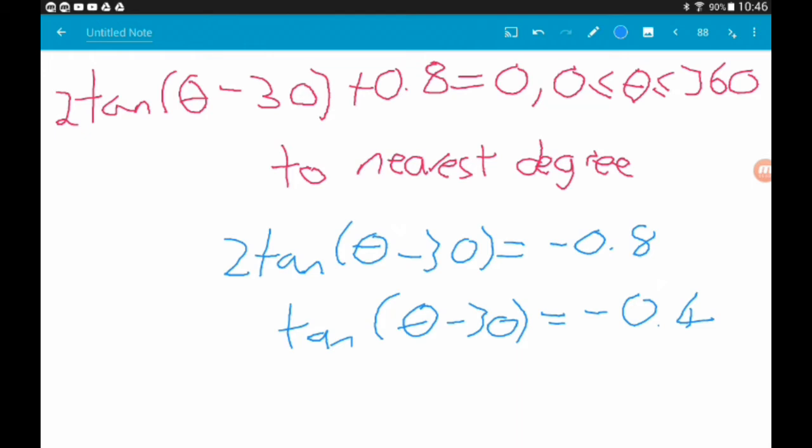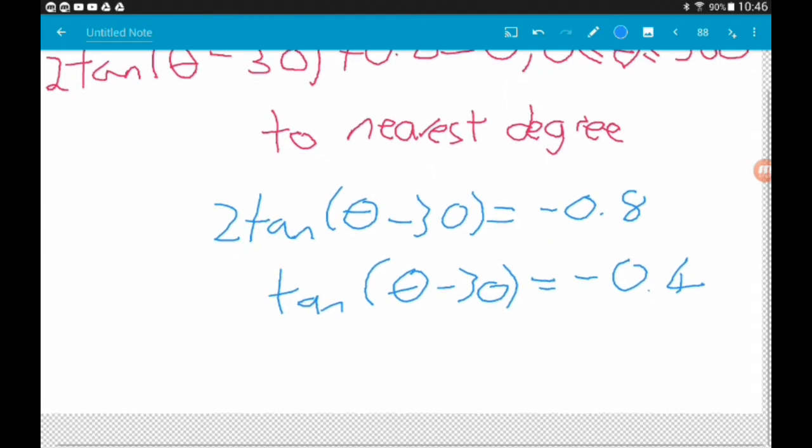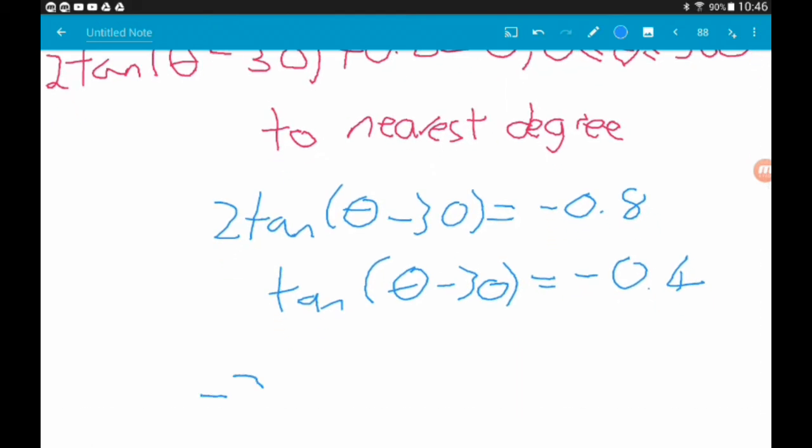Now we need to change the interval. In our function we have theta minus 30, so we're going to subtract 30 from everything in the interval. So we're going to get minus 30 is less than or equal to theta minus 30 is less than or equal to 330. As it's tan, I'm not even going to bother drawing the graph. Remember, with tan, to get from solution to solution, you either add or subtract 180.